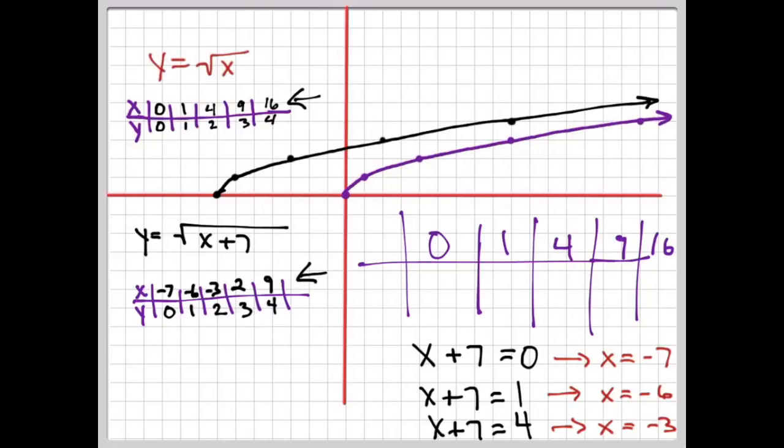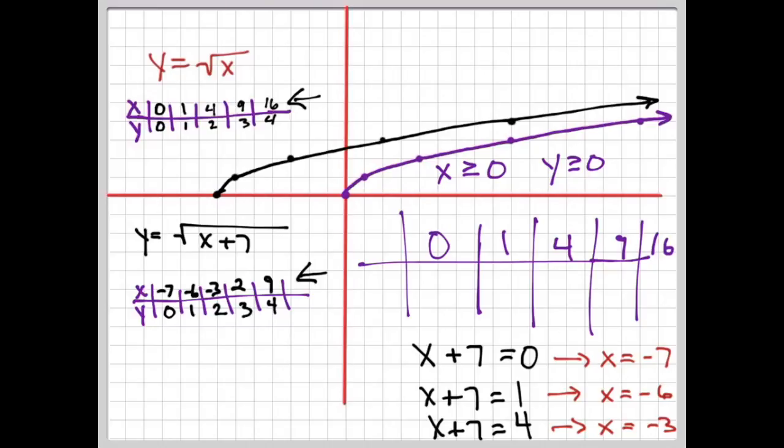So now when we do domain and range, our domain for our original function was x greater than or equal to 0, and y was greater than or equal to 0, right? Now, when you apply a vertical shift, the y value, the range, changes. When we apply a horizontal shift, what changes? The domain.